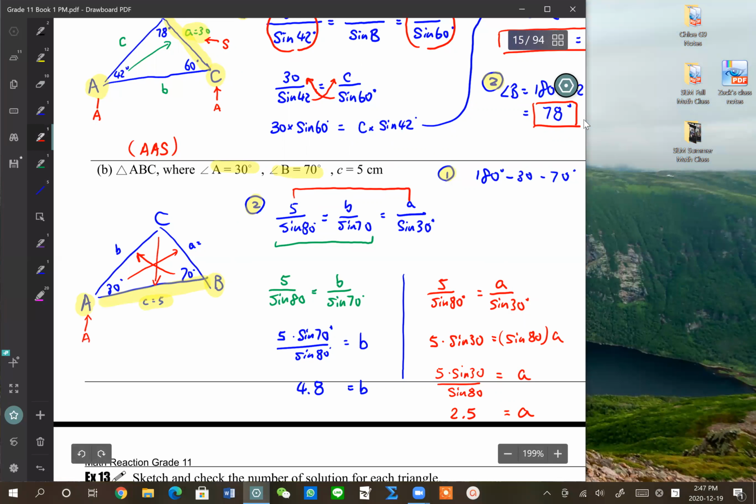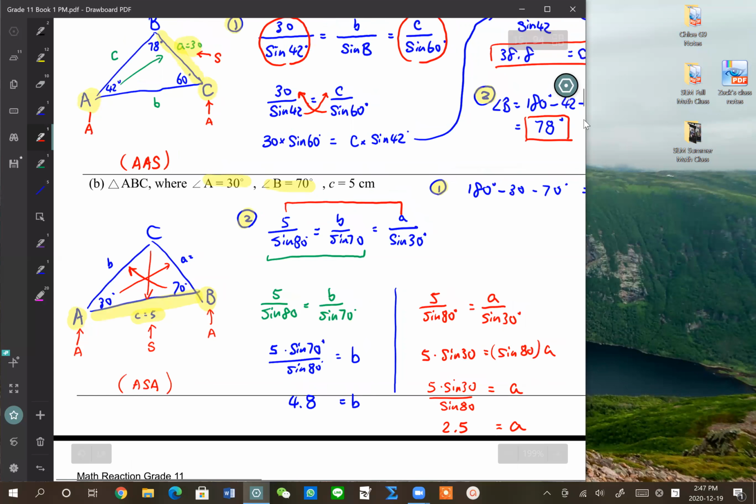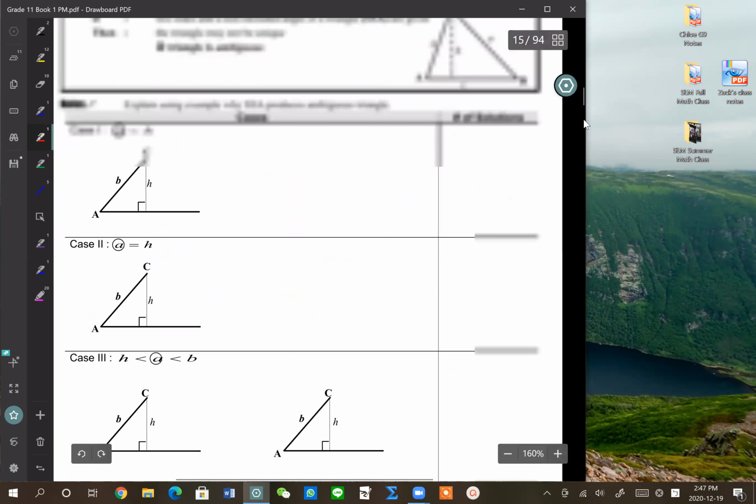So the order matters, okay? The order they are given. They give you a side in between the two angles. So angle, angle, side, and angle, side, angle, these two cases, they are not ambiguous. Okay, these are clear. So when do you get ambiguous?